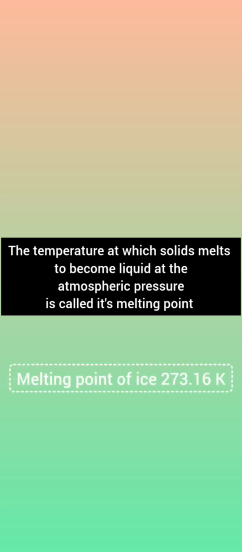The temperature at which a solid melts to become a liquid at atmospheric pressure is known as the melting point. The melting point of ice is 273.16 Kelvin. We inferred that the state of matter can be changed into another state by changing the temperature.